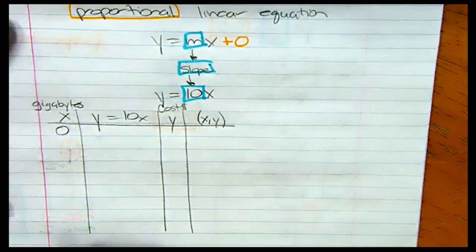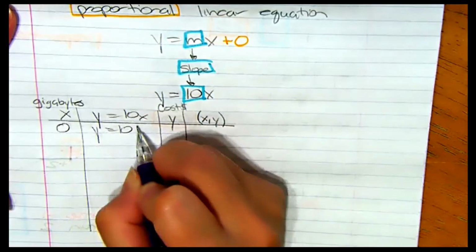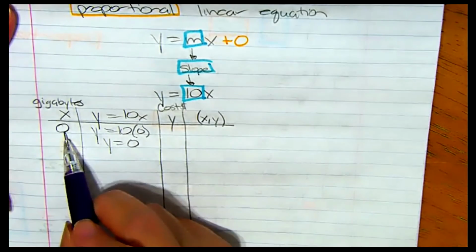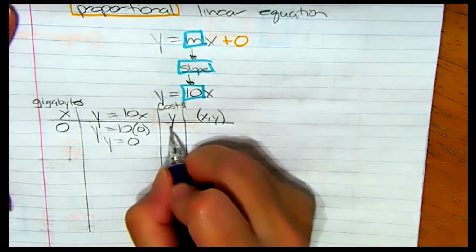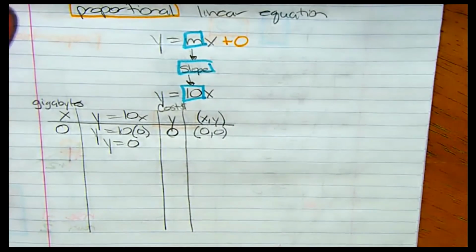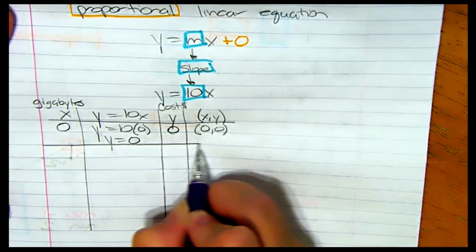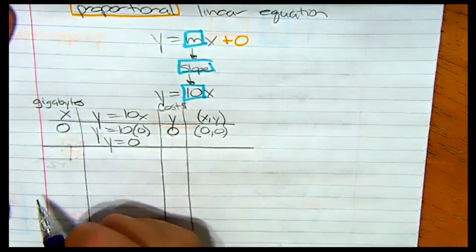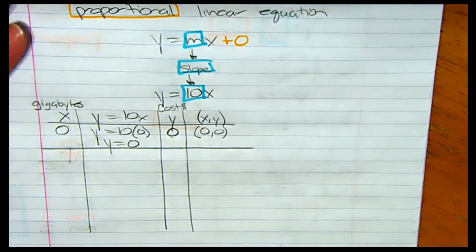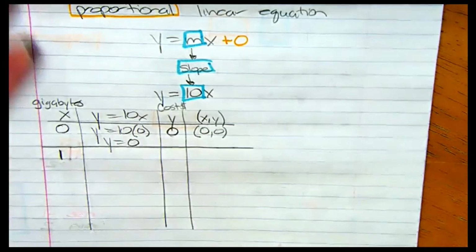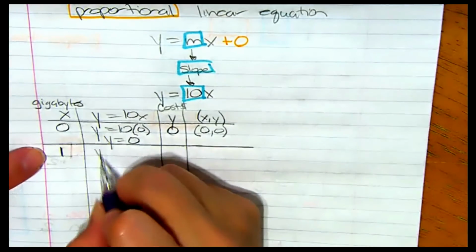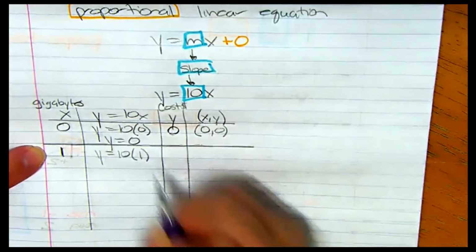So if x is 0, we're going to substitute 0 for x. Oh, if x is 0, y is 0. So my ordered pair is 0, 0. So 0 gigabytes costs me $0. Well, okay. What about 1 gigabyte? We substitute 1 for x.